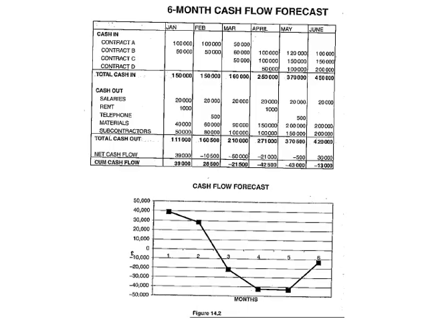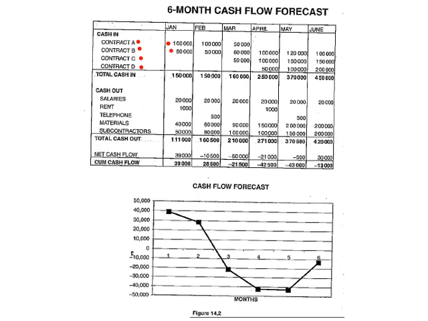Okay, then a 6-month cash flow forecast. This is on page 304, and this is now forecasting the contract. We've got this example of 3 contracts, contract A, B, C, and D. January we've got an inflow of 100,000 and then 50,000.